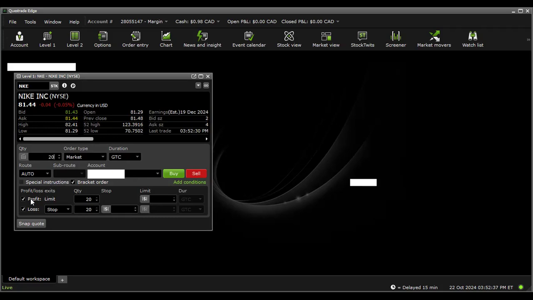Now let's come down here to see how to place the profit and loss exit. You have the quantity, which is 20. And for your stop loss, you say stop loss the 20 shares when the price hits 79.7, like the example that we had already made.